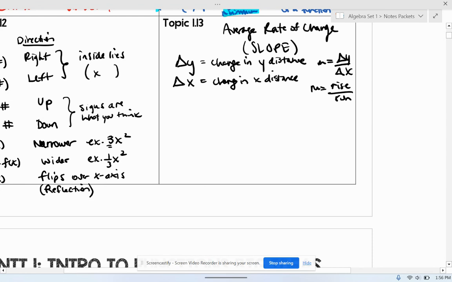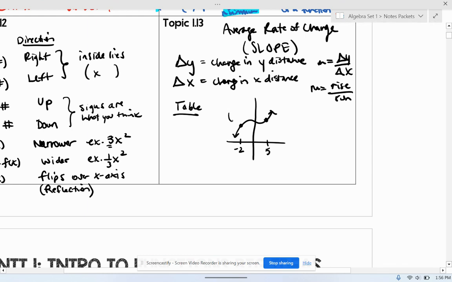Okay? So when you're calculating average rate of change, a lot of times you're going to be given a graph. And the problem is going to ask you to calculate the rate of change over the interval from some value to some other value, -2 to 5.